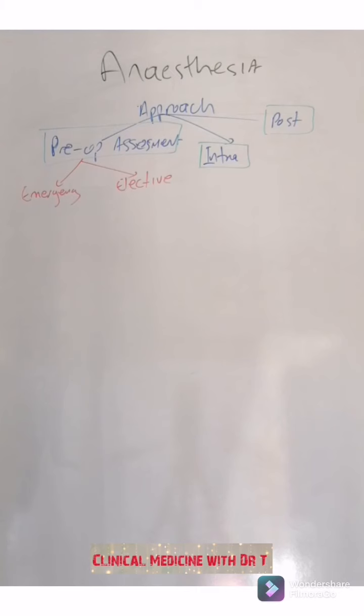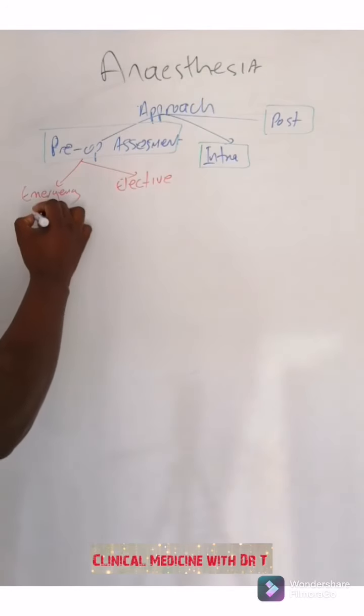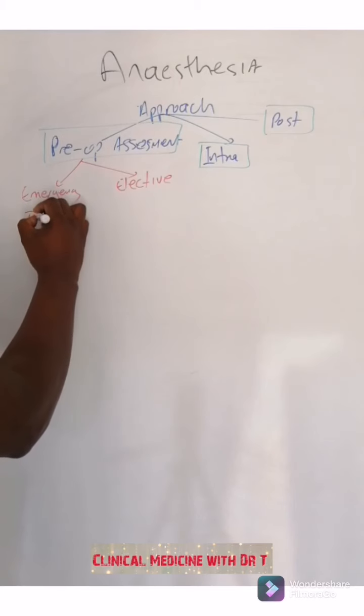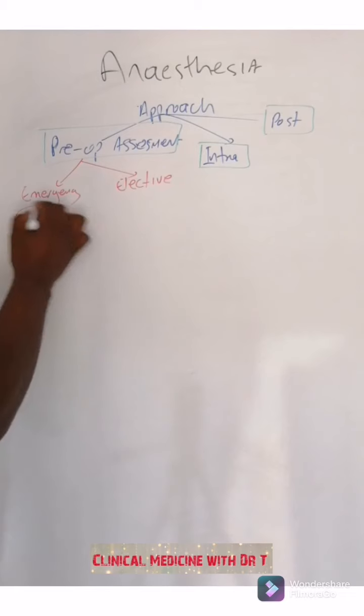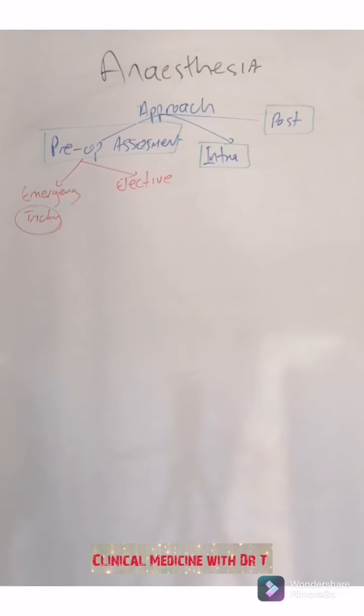But elective means it's a planned procedure. Even if it's cancelled today, it won't be the end of the world. It can still be done tomorrow and things like that. Broadly speaking, when you talk about pre-op assessment, it's always tricky with emergency situations.